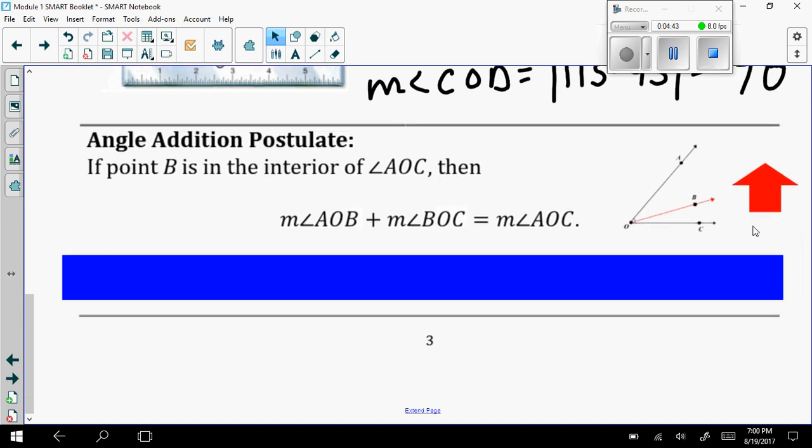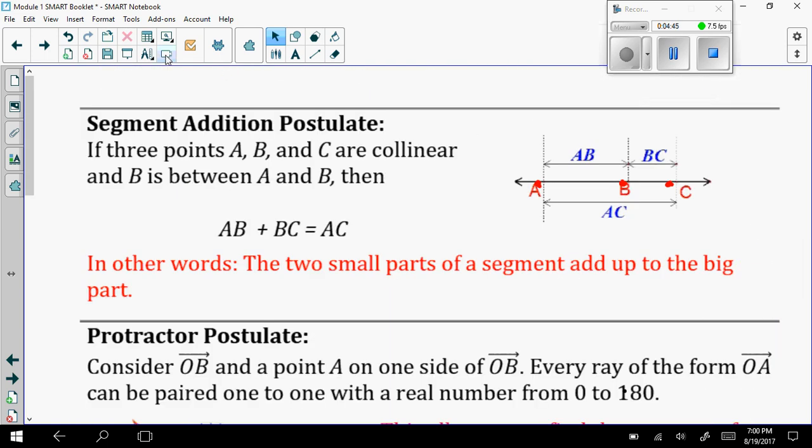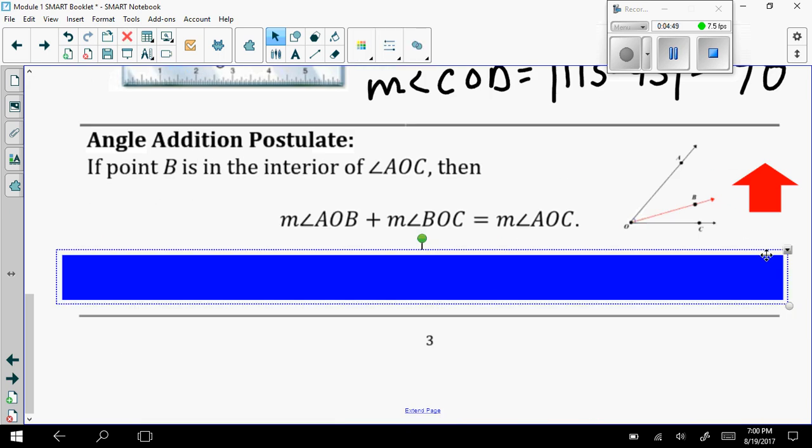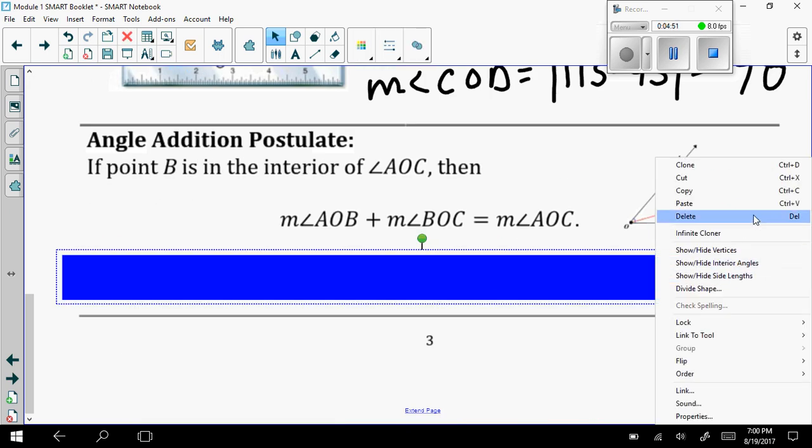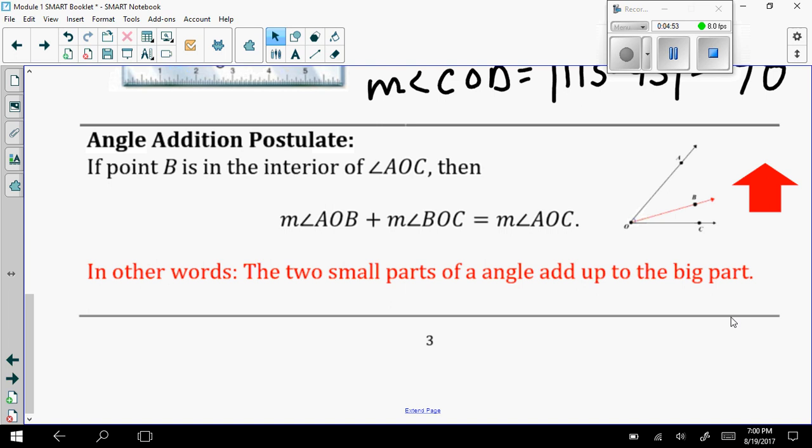Notice that all this is the angle version of our segment addition postulate. So all we're saying here is that the two small parts of an angle add up to the big part. Pause if you need to. We're going to go to the next page.